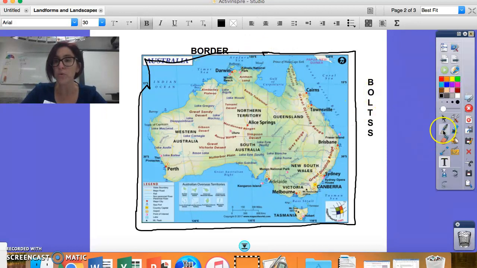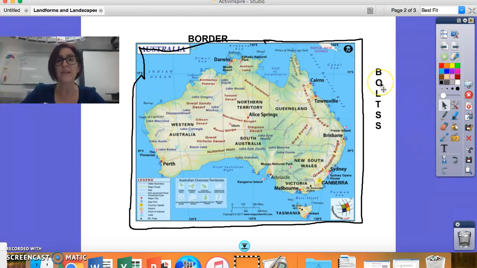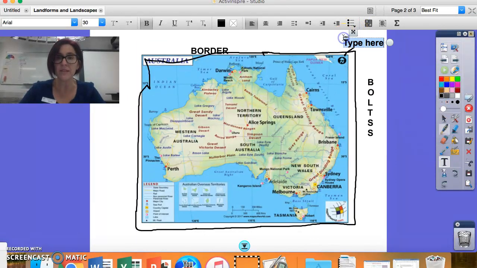Okay, the O. The O here stands for orientation. And you'll notice up here in the top right hand corner there's a little N, and that is the orientation. That means north is facing up. So this little part here, this is the orientation.